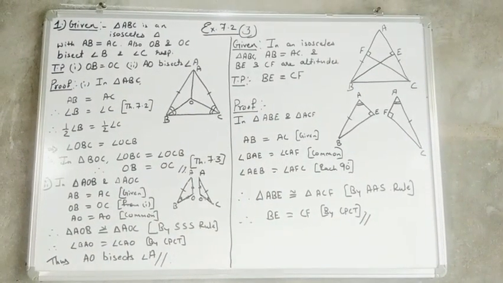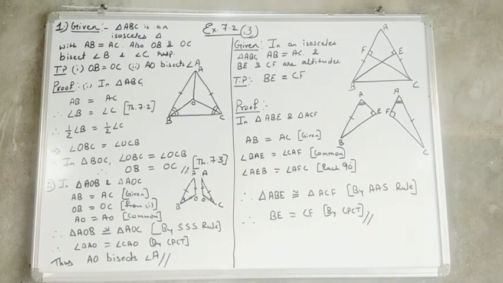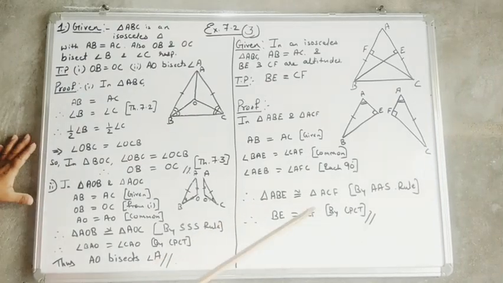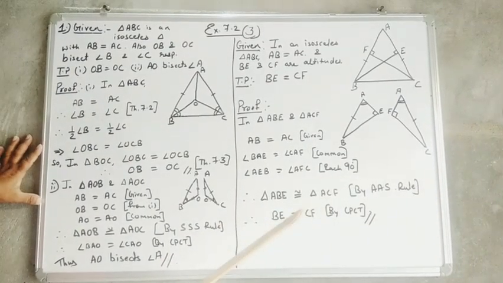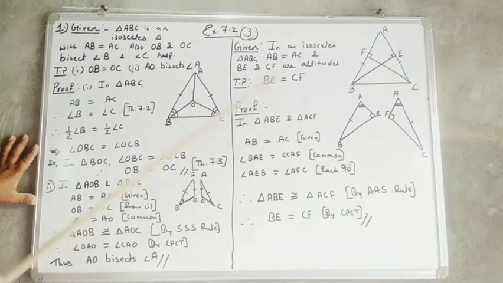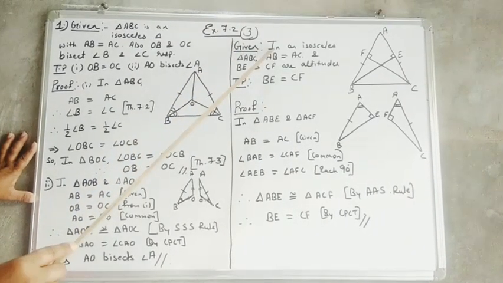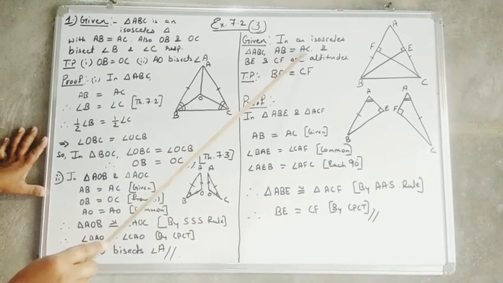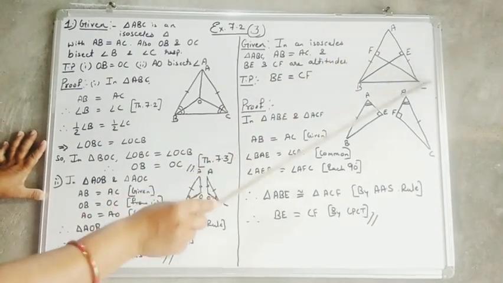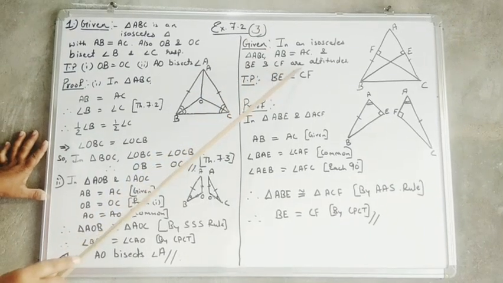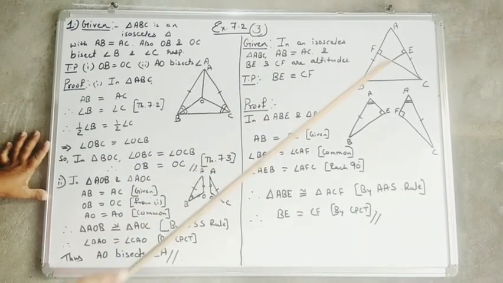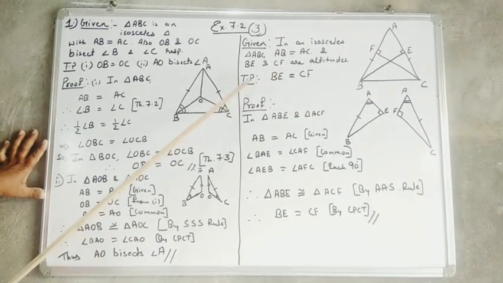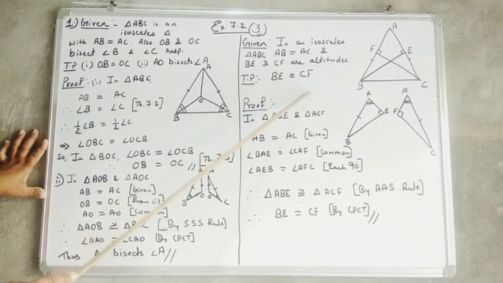Median is another element of a triangle that I will explain in a coming exercise; a median divides the given line segment into two equal parts. Here, AB is equal to AC, and BE and CF are altitudes, which means both these angles are 90 degrees. We have to prove that BE and CF are equal.